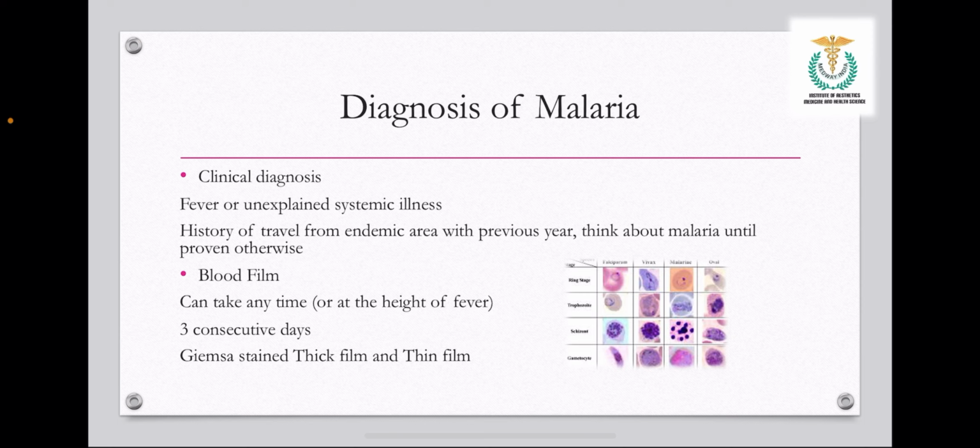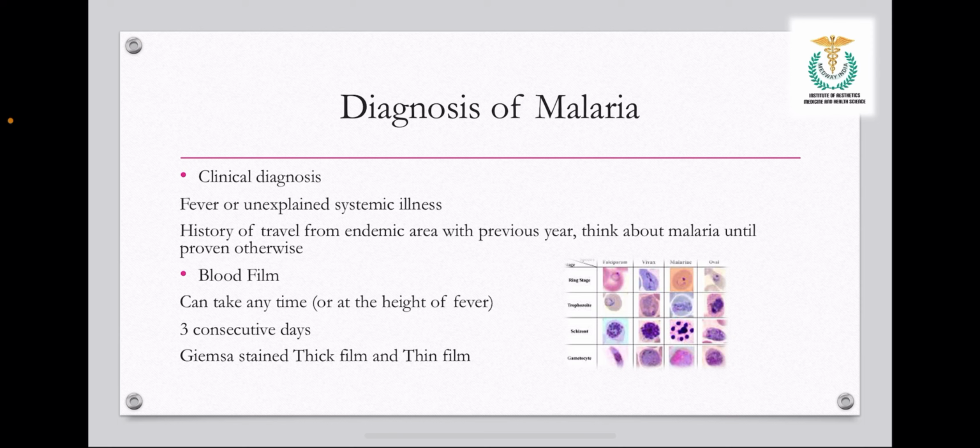Next is the blood film. It can be taken any time or at the height of the fever, for three consecutive days. Giemsa stain thick film and thin film are used. The thick film is for checking whether MP is positive or not, and it facilitates the diagnosis of low level parasitemia.